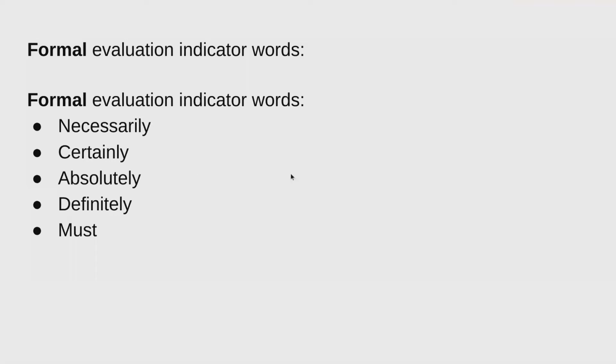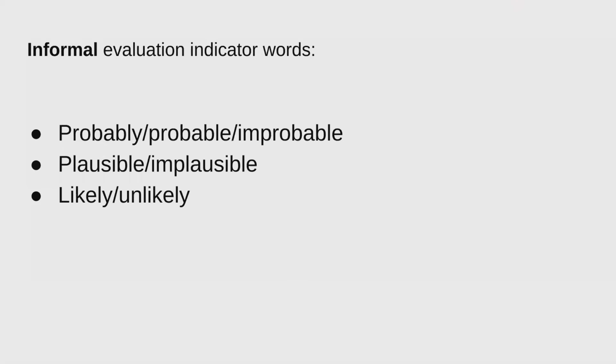You can see how those indicate a necessary entailment relation between the premises and the conclusion. So in terms of possibility, it's impossible that the conclusion be false, given the truth of the premises.